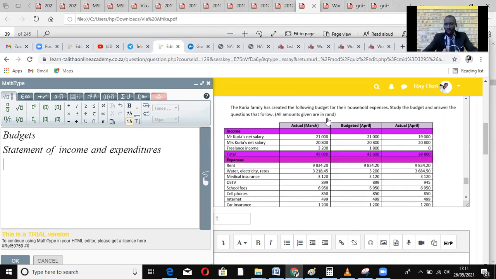Now, the thing we are talking about here is this. Whether it is one person, a household, a family, or a big company, when it comes to budgeting and statements of income and expenditures, we are simply talking about income and expenditures.